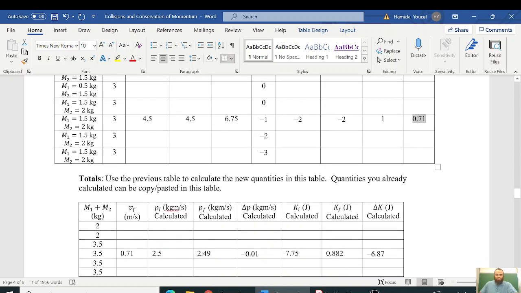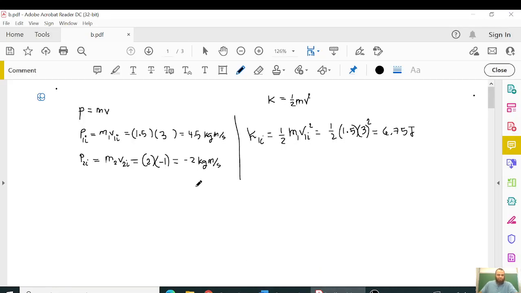So now it says, what is V final? We will just copy this to this table, because it's the same. And now it says, what's the initial momentum? And by the way, I will put here K2 initial. We have to calculate it also. It's 1/2 M2 V2 initial squared.